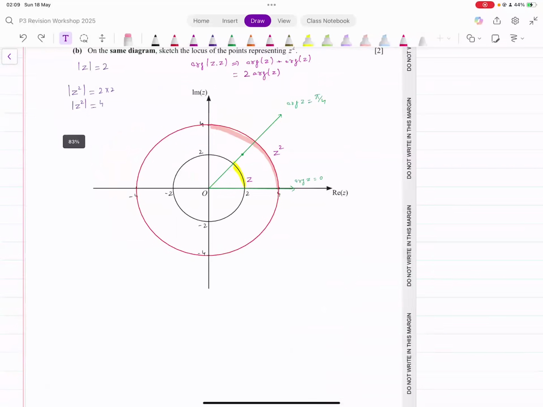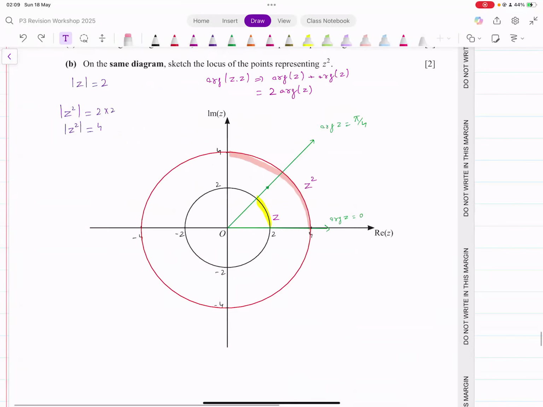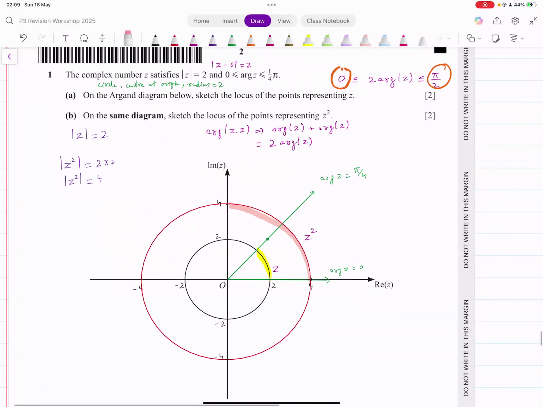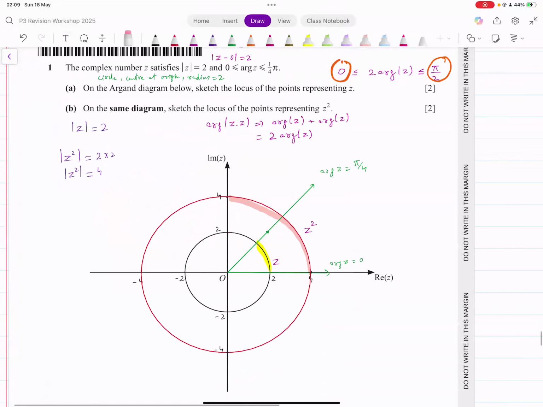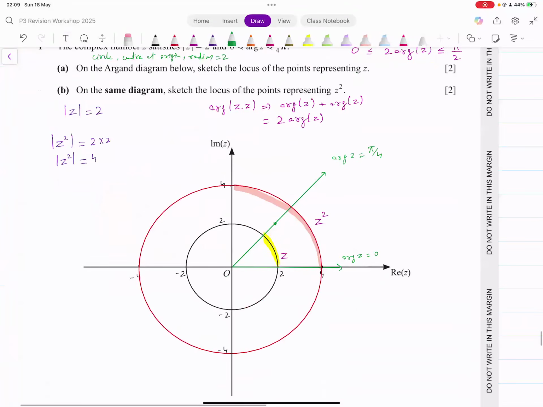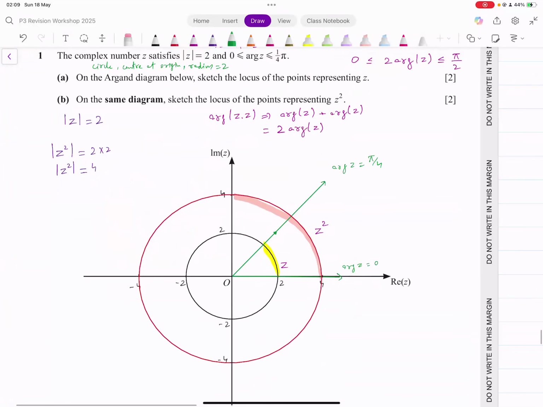Okay, so this is what we had, right? Argument of z squared would be the sum of the argument of z, right?